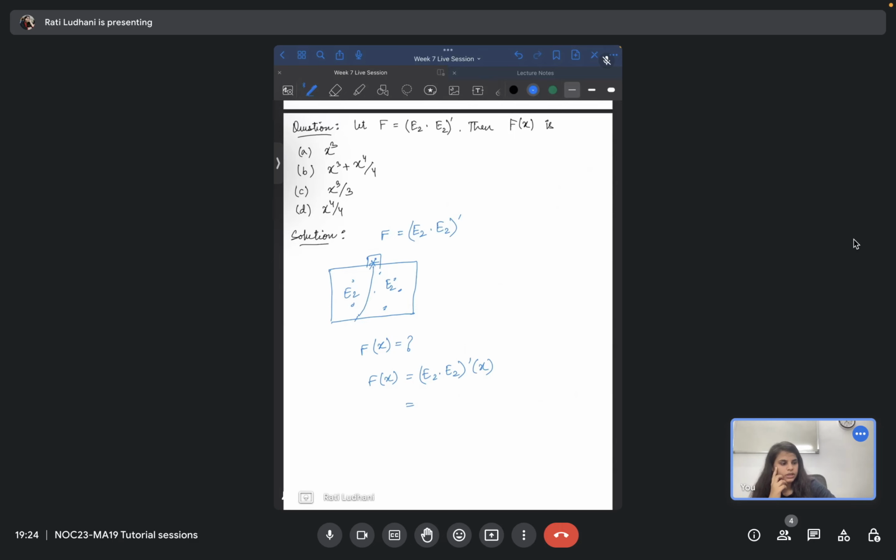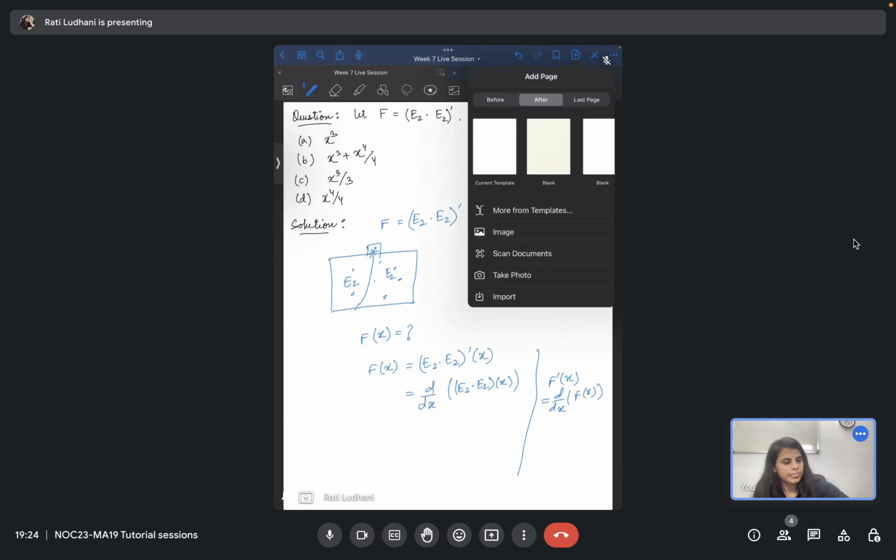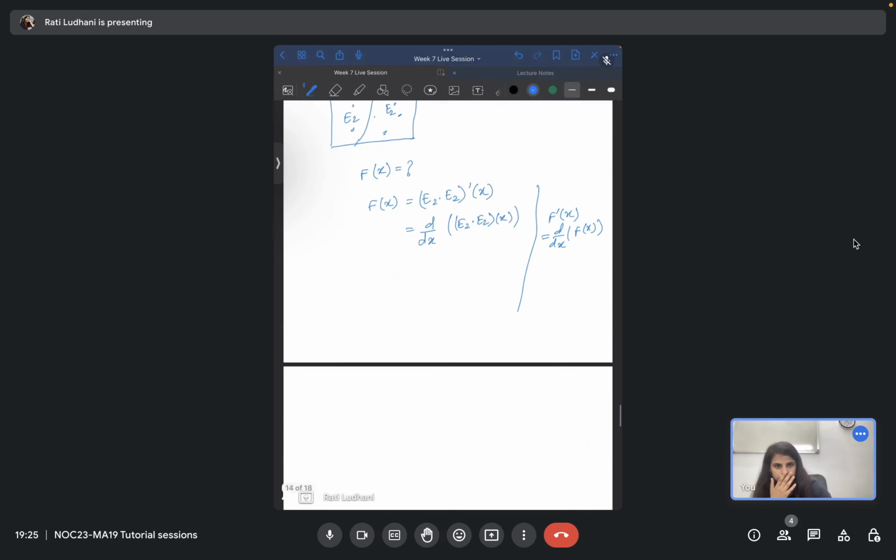So it's just like f dash x is d over dx of fx. This is the formula we can use, right? So you take d over dx of e2 dot e2x, right? Okay. So let's do that.